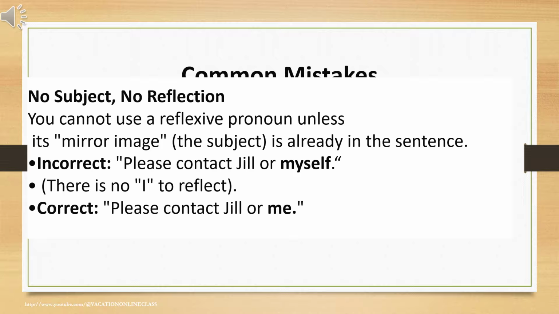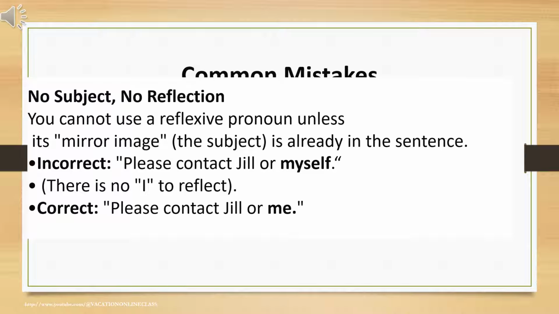So when we say, please contact Jill or myself, Jill is not the subject, myself is not the subject. So there should be I. If we say, I will contact Mike myself, then myself will reflect to the subject I. But in this case, there is no subject.